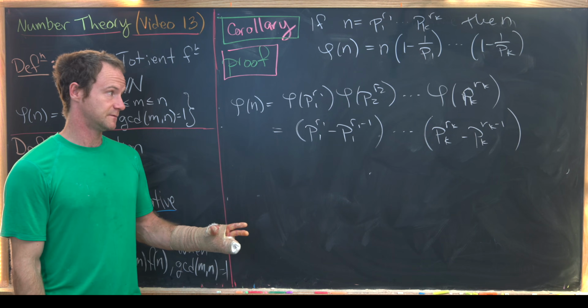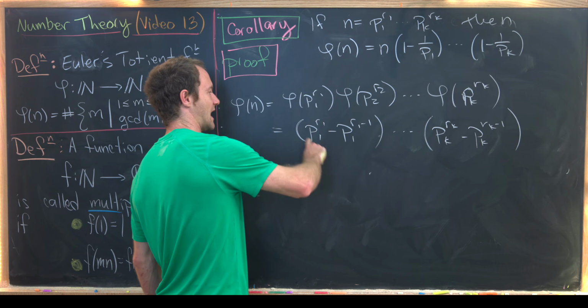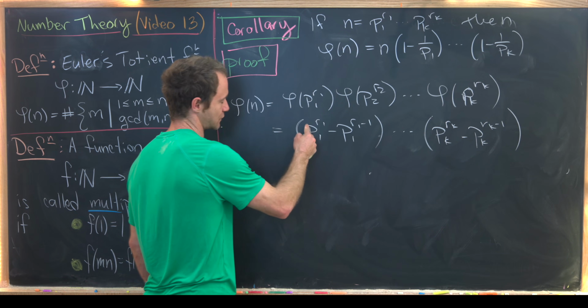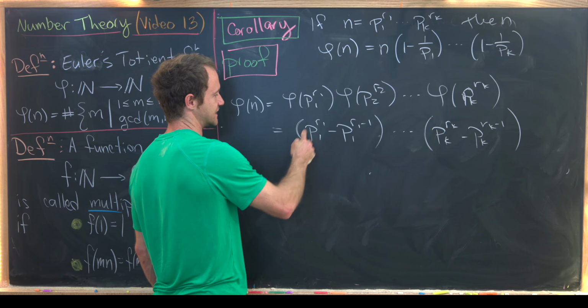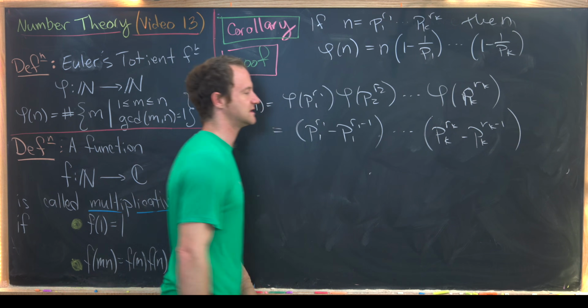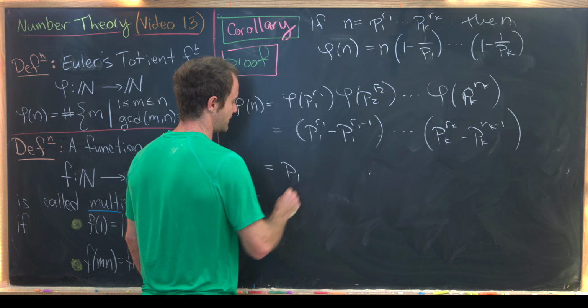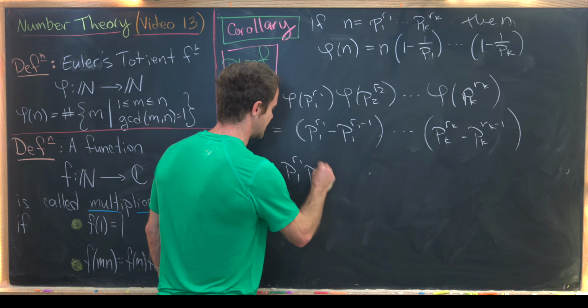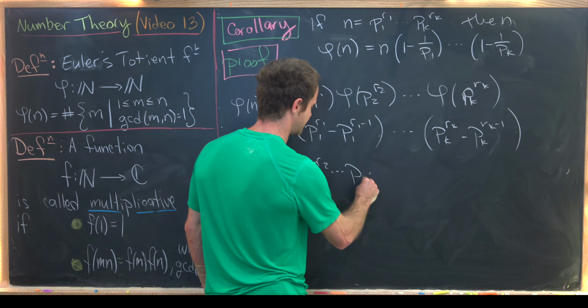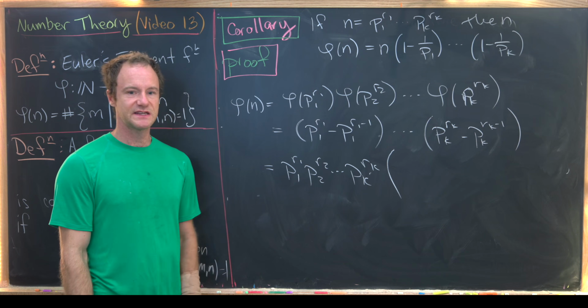Now what I'll do is factor the first term out of each of these binomials. So I'll factor a p1 to the r1 out of this one, a p2 to the r2 out of this one, and finally a pk to the rk out of the last one. That's going to leave me with p1 to the r1, p2 to the r2, all the way up to pk to the rk in front of the whole thing. Then let's see what's left over.